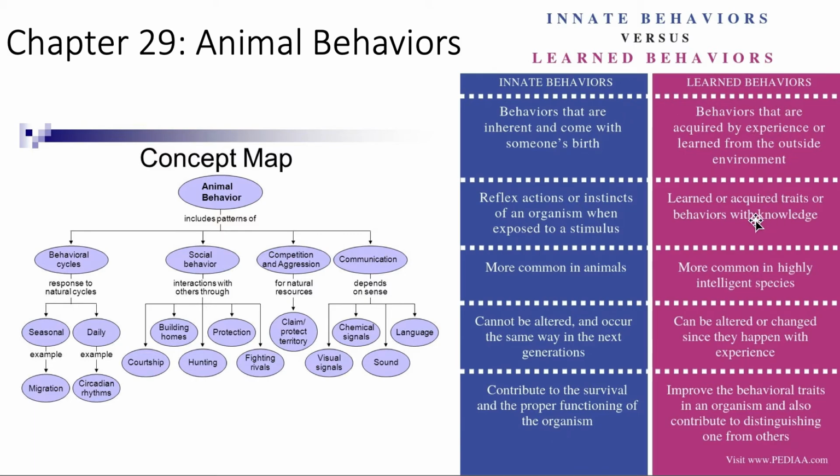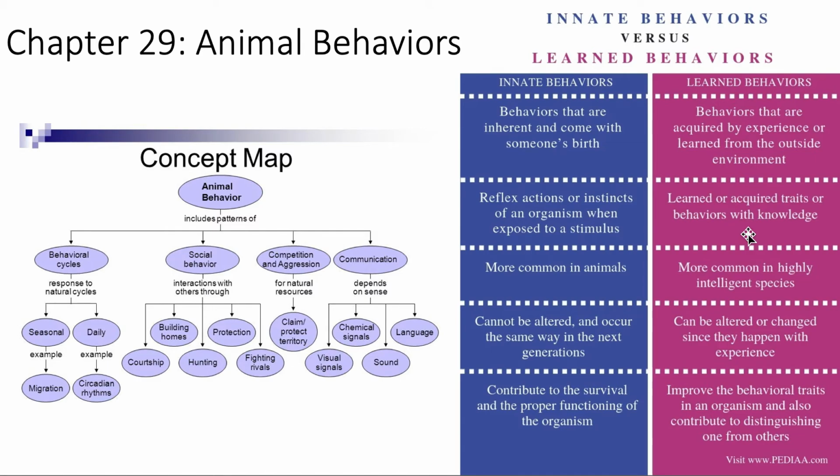Learned behaviors are going to be more so things that they learned. Now, there's different types of learned behaviors. Those being habituation, meaning acquiring the habitat around, as far as understanding warning signs, things like that. Certain things that may or may not affect you, so you learn those behaviors.